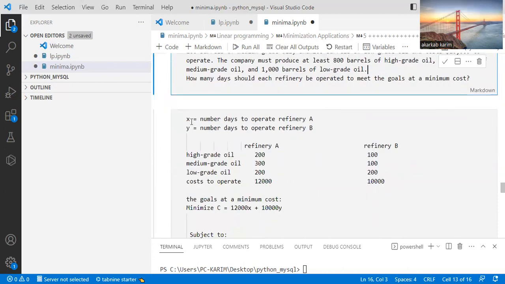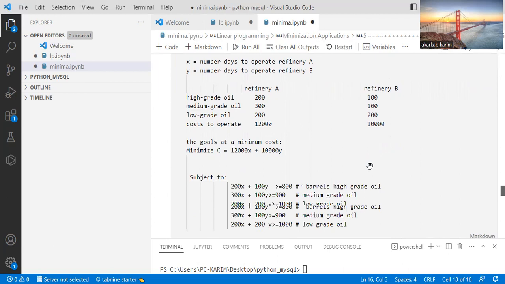We create the first variable x for the number of days of refinery A, and y for the number of days of refinery B. So these are the constraints. High grade oil is 200 in refinery A and 100 in refinery B, medium grade oil is 300 in refinery A and 100 in refinery B, and low grade oil is 200 in refinery A and 200 in refinery B, and the costs here are $12,000 and $10,000. The goal here is to minimize the cost to operate both refineries.